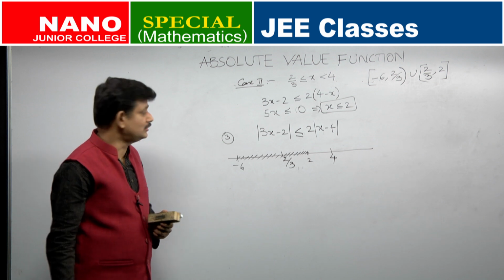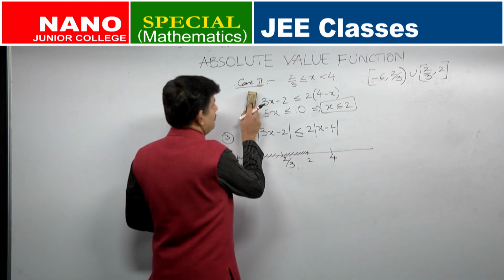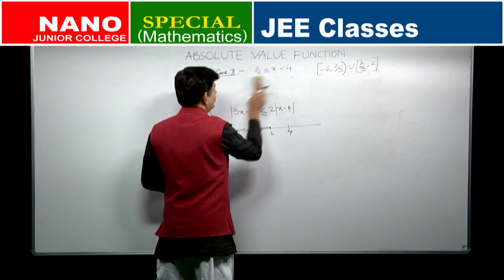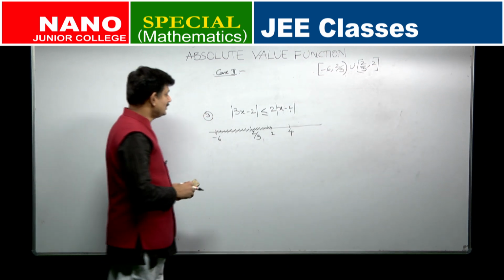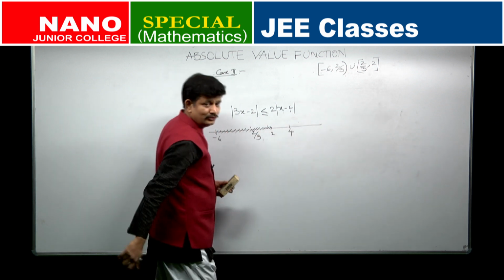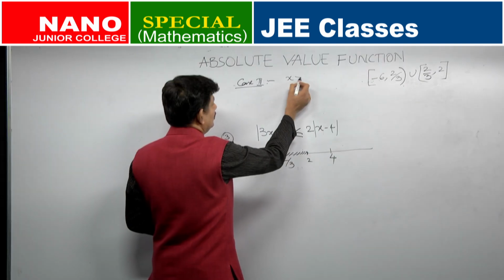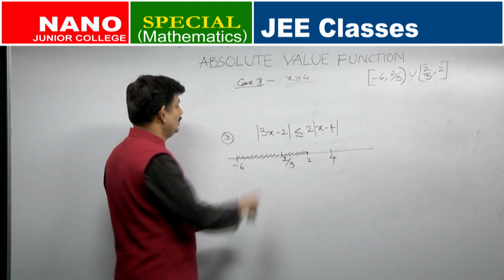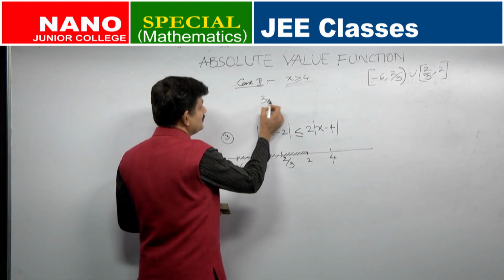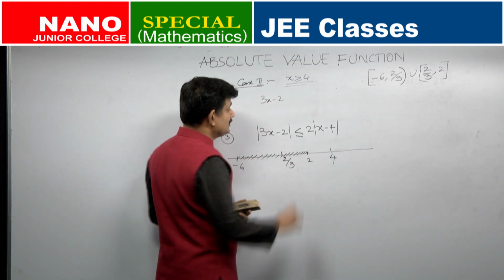So, are we ready to move to the third case? In the third case, let us see what happens. What is the third case? X greater than or equal to 4. With 4 we put greater than, we put equality also. So, mod 3x minus 2 is 3x minus 2 itself, x is greater than 4.